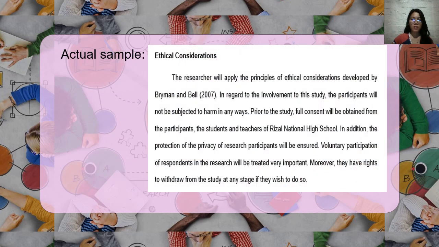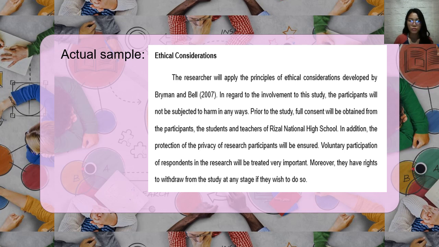So we have there the actual sample using the citation by Bryman and Bell, 2007. Ethical considerations. The researcher will apply the principles of ethical consideration developed by Bryman and Bell, 2007.